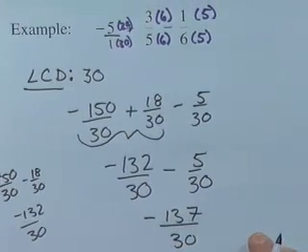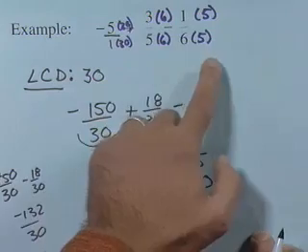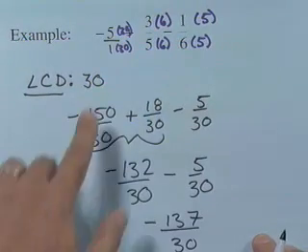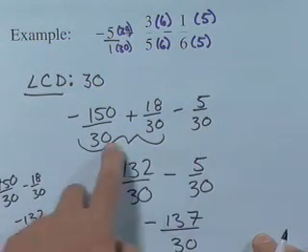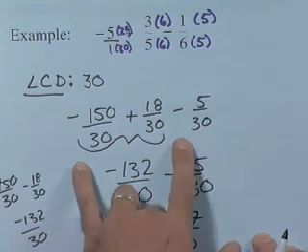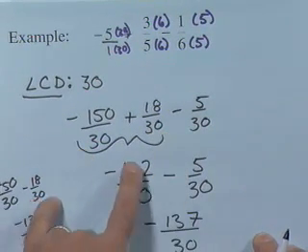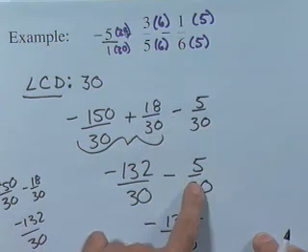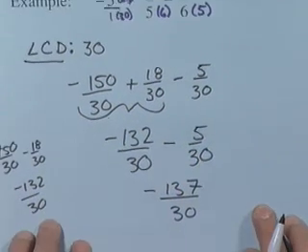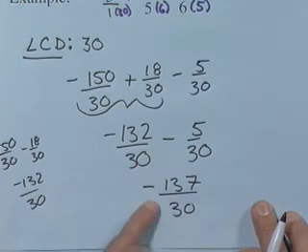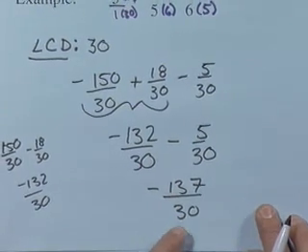And the trick is, remember, you first have to get a common denominator. Once you do that, you can just follow the same steps as before. Here I combine the first two to get negative 132 over 30. Then I combine it with the last term to get negative 137 over 30.